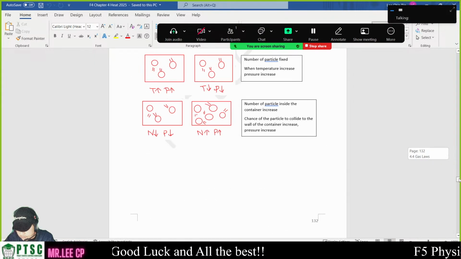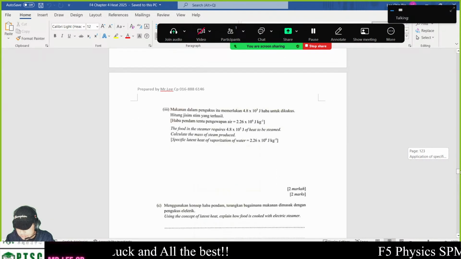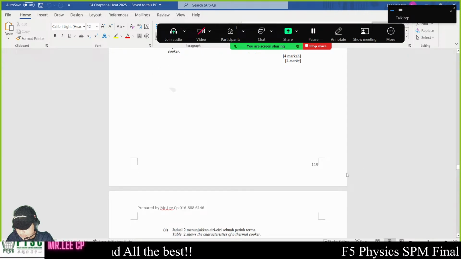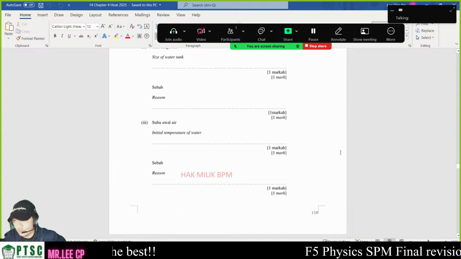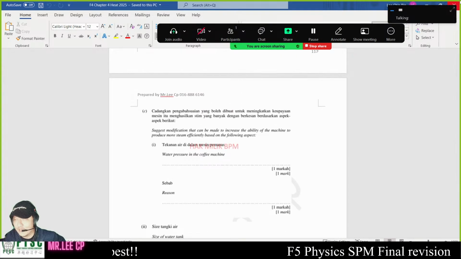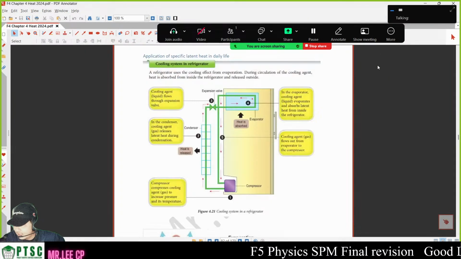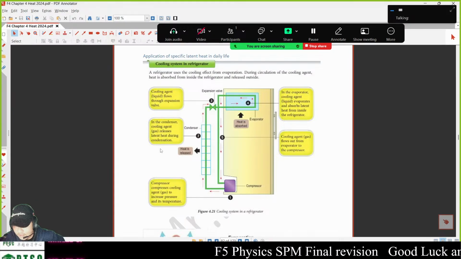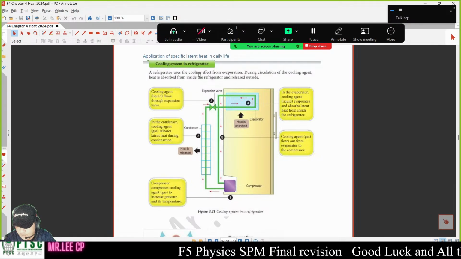Refrigerator 4 marks one. I cannot find it. But SBP will come out. So as you know, SBP always got one question or two questions almost the same as the essay one. So that's why I am predicting the heat in this chapter in SPM. So this one you can go and read. I cannot find where the question is already.